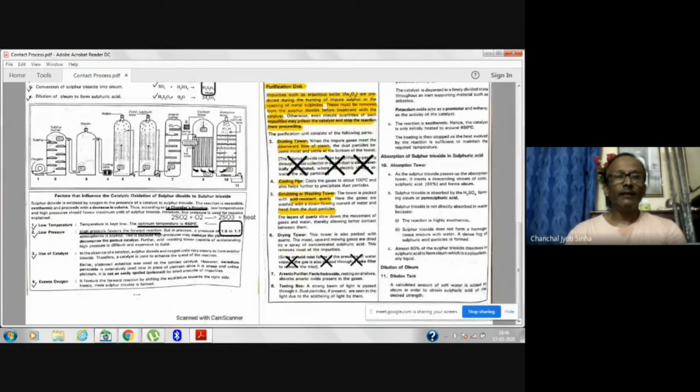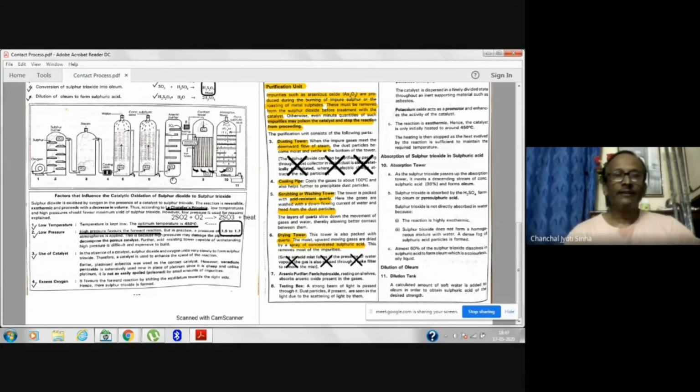In chamber 6, it is the drying tower. It is also packed with quartz. Here, the gases are dried by a spray of concentrated sulfuric acid. This removes most of the impurities.